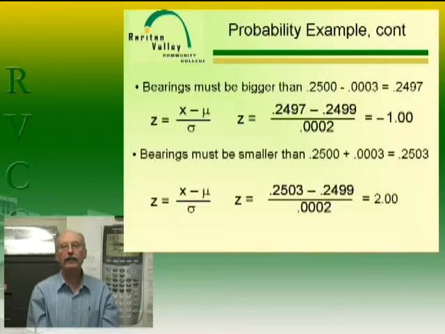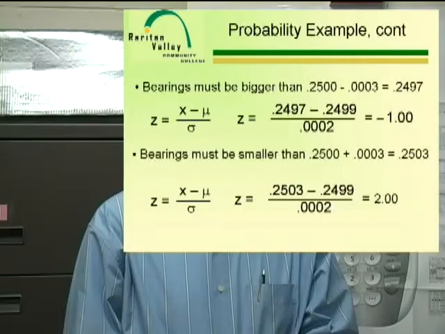And so we calculate a z-score for that value. And that z-score is 0.2497, our observed value, minus the mean of our process, which is 0.2499, divided by the standard deviation of our process, which is 2/10,000ths, and we get a z-score of -1.